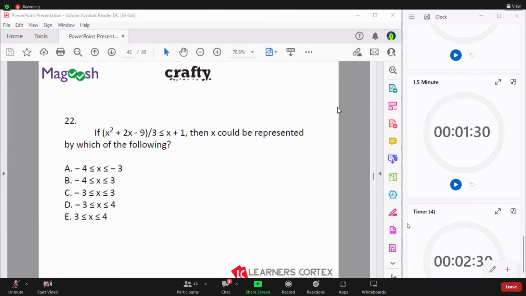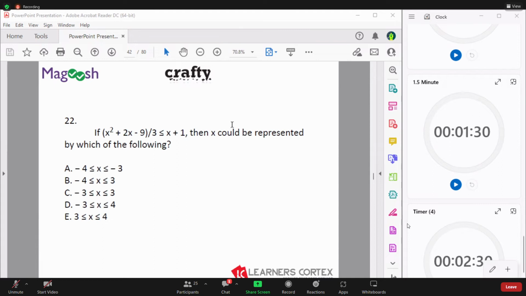Okay, continue. Does anyone know how I can give sharing controls to someone else as well? Okay, not a problem. I can't see the option here.